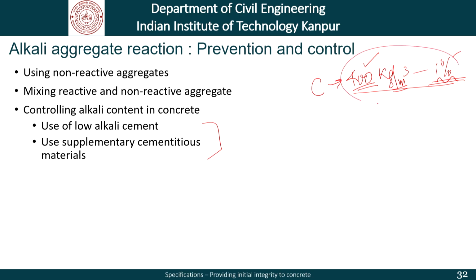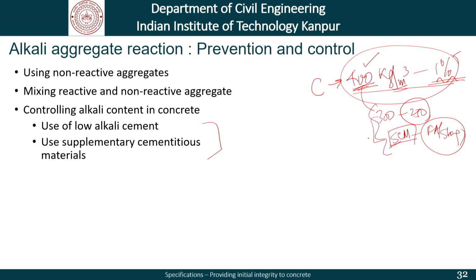We can control this by saying that instead of 400 kgs of cement, we will use 300 kgs or 250 kgs of cement, and the rest will be replaced by some kind of supplementary cementitious material. It could be fly ash, it could be slag and so on. This reduces the total amount of alkali in the system, that is, the concrete. So, that is one of the ways of addressing the problem of alkali aggregate reaction.